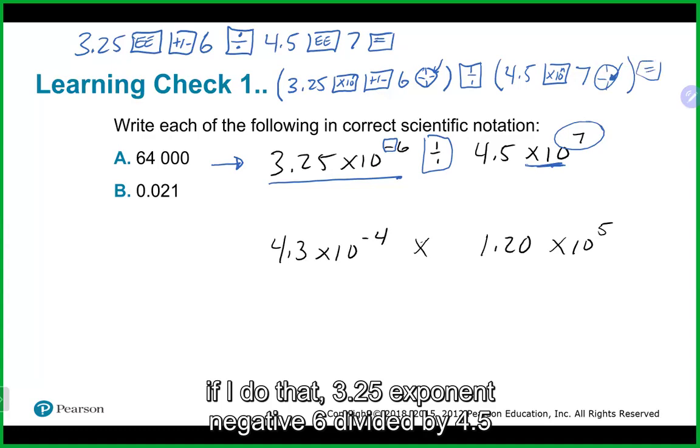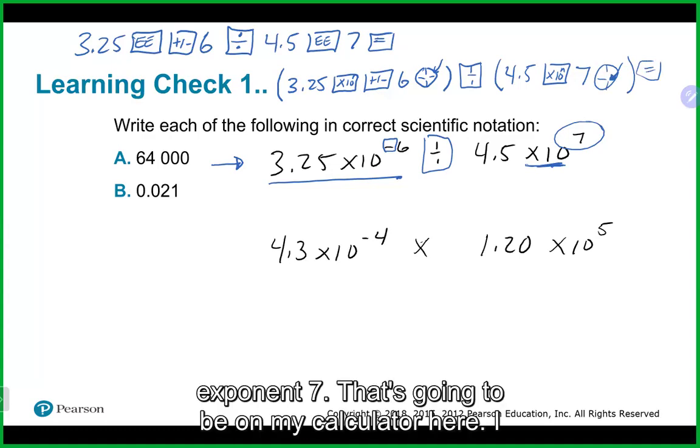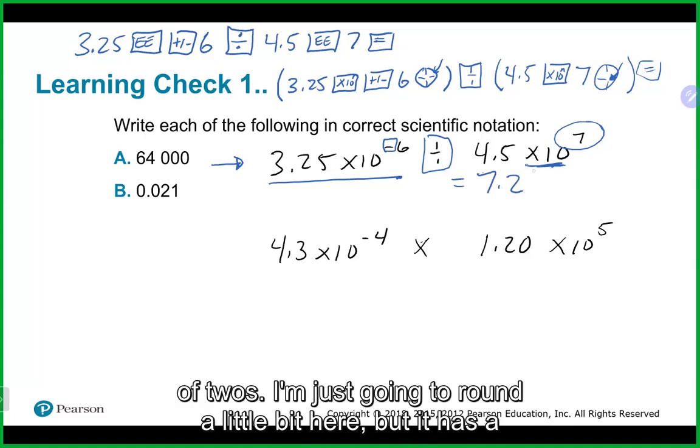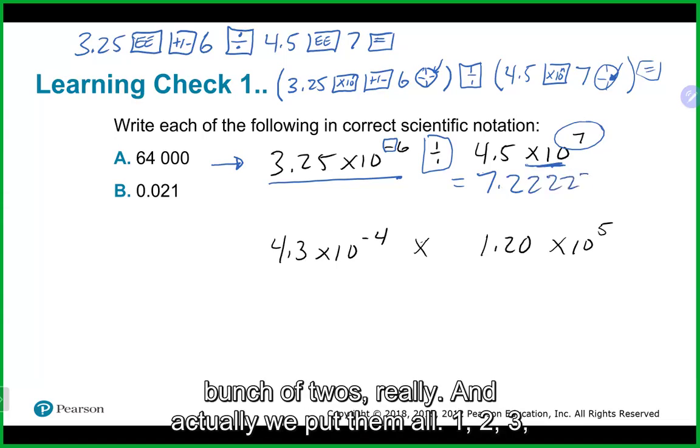So now if I do that, 3.25 exponent negative 6 divided by 4.5 exponent 7, that's going to be on my calculator here. I get 7.2, a bunch of 2s. I'm just going to round a little bit here, but it has a bunch of 2s really.